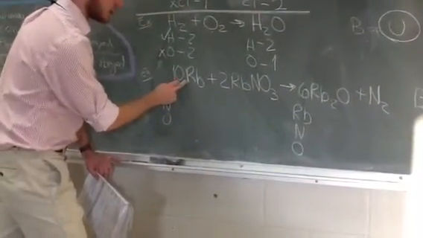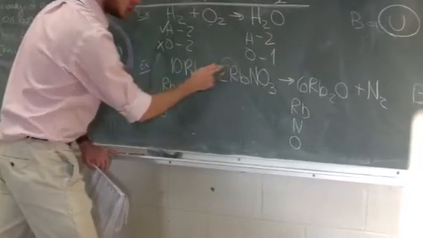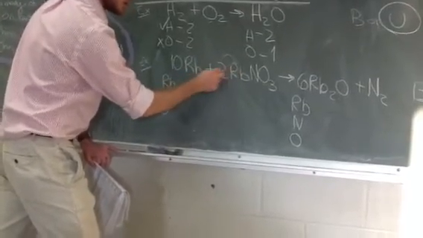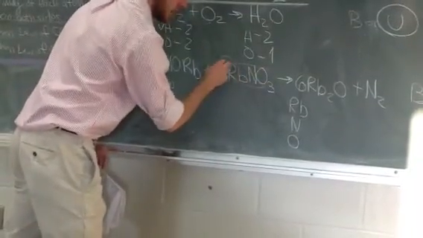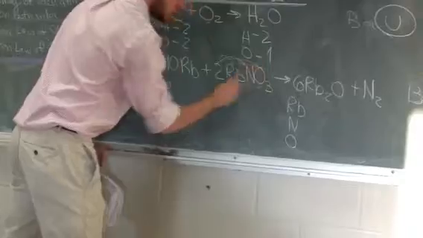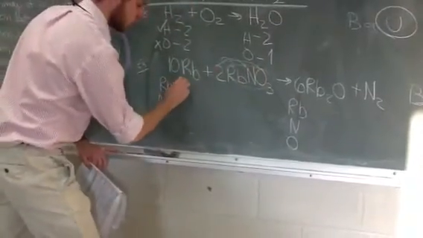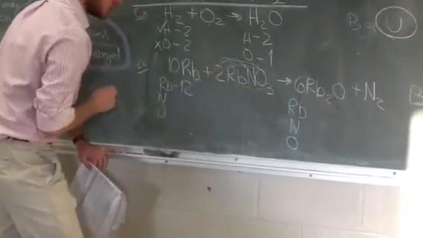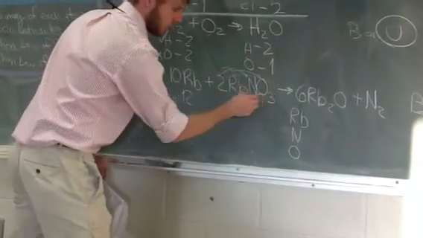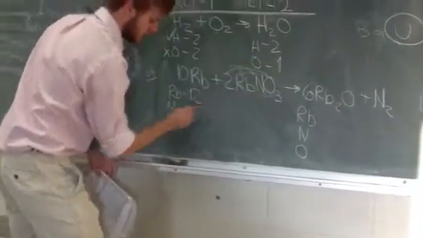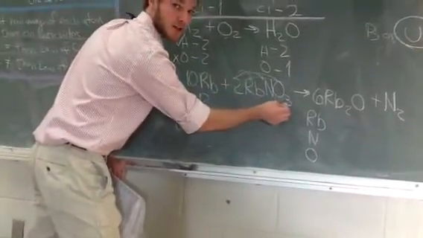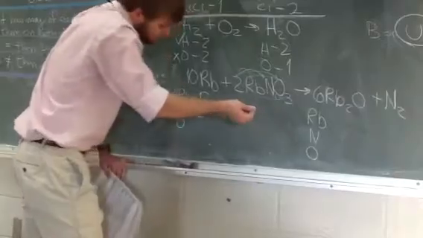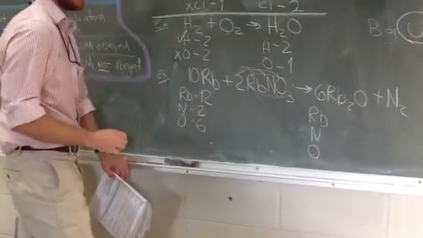Well, I've got 10 Rb's here, and I've got 2 Rb's here, because that 2 means I multiply everything in the formula. So I'm going to have 2 times Rb, 2 times N, and 2 times O3. So this gives me 12 Rb's, 10 and 2. Nitrogens, I've got a 1 here, and 2 times 1 gives me 2 nitrogens. And then oxygen, I got 3 oxygens here, so 2 times 3, 6 oxygens. Okay? Let's go to the product side.